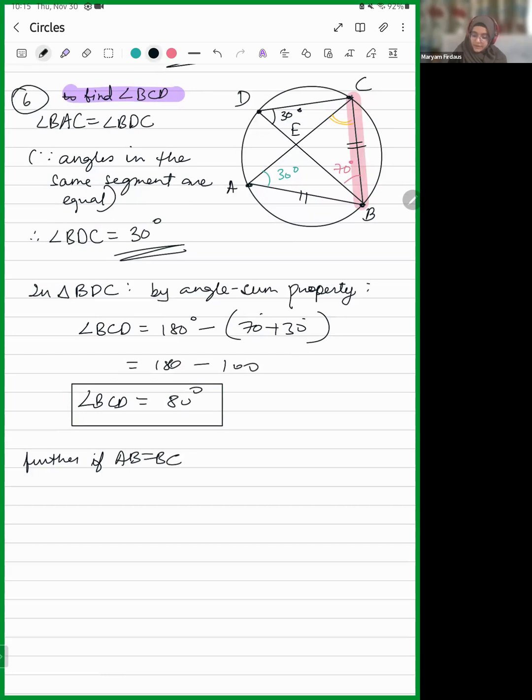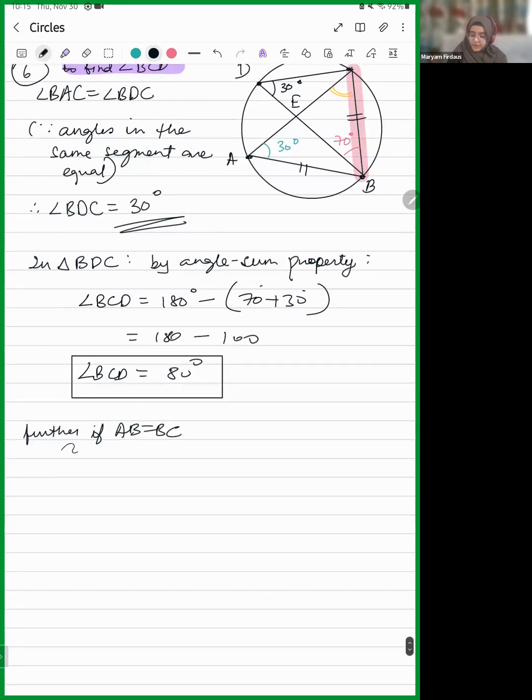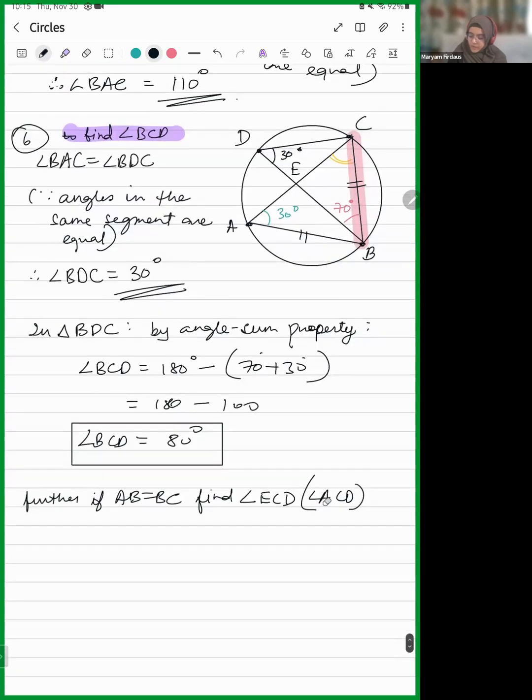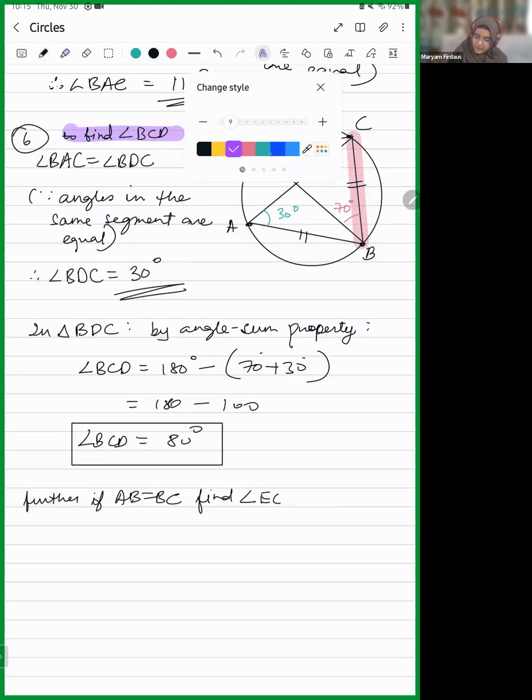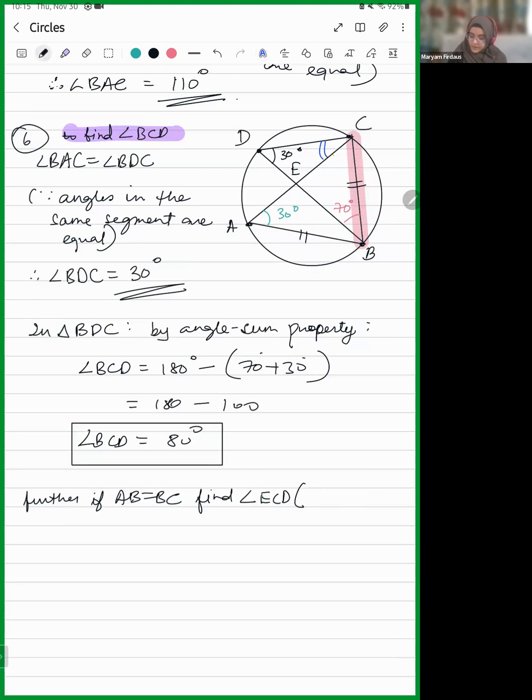This is what we have to find. Find angle ECD. In bracket, I'm writing angle ACD just so that we don't get confused. Oh, wait, sorry. It's ECD, not ECB. ECD is the other one, this one. ECD, which is the same thing as ACD.